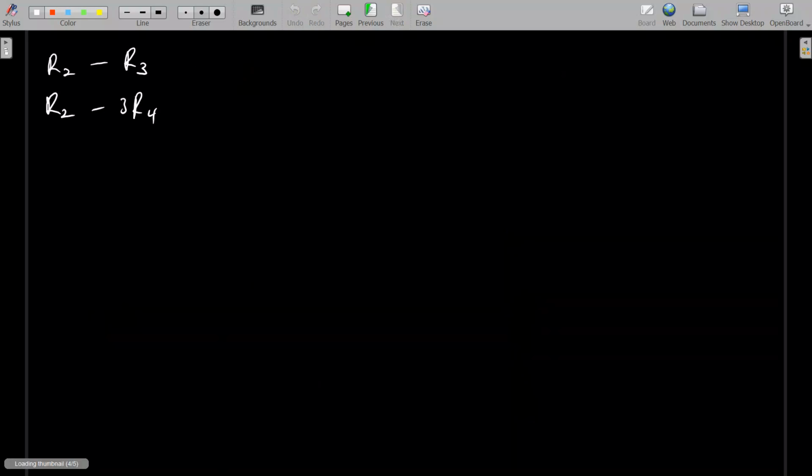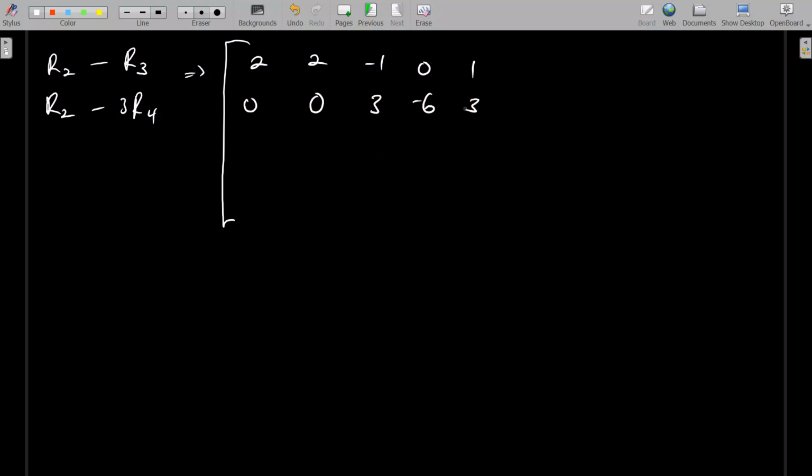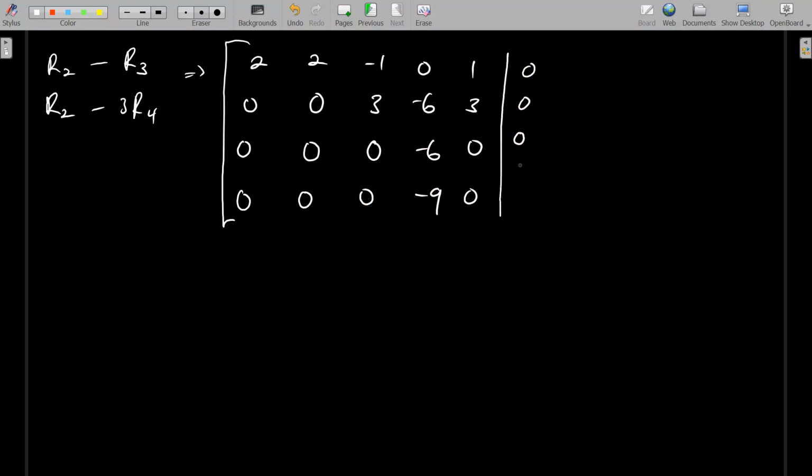When I do, my matrix tends to this: 2 2 negative 1 0 1 0 0 3 negative 6 3, then 0 0 0 negative 6 0 0 0 0 negative 9 0, and like I said, you put your other vector here on the other side.